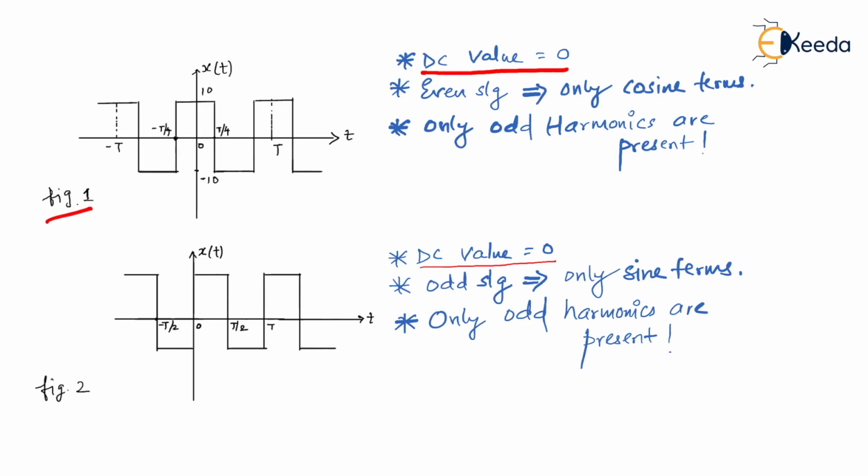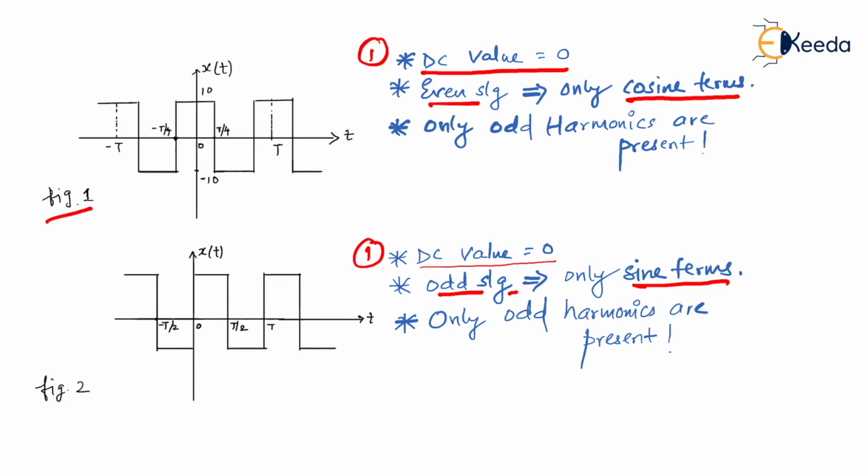Secondly, figure 1 is an even signal, whereas figure 2 is an odd signal, so we cannot say the second point is common. Here we got only cosine terms because it is an even signal, and there we got only sine terms because it is an odd signal. But for sure, the first common point is DC value equal to 0.